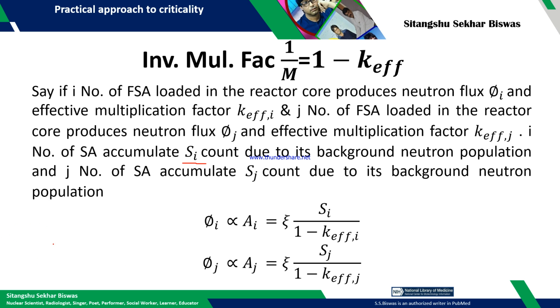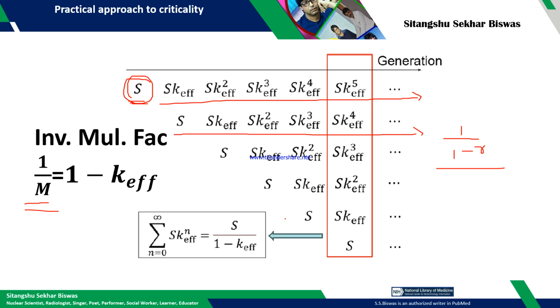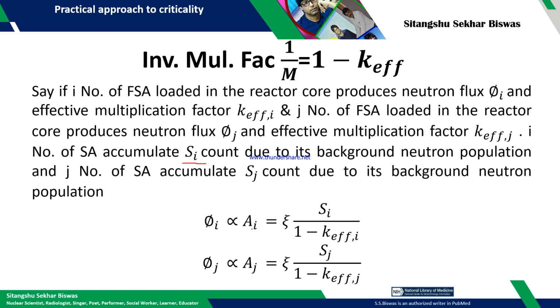So now, from the earlier equation, this can be written: the neutron flux, which is proportional to the neutron count we are measuring from the neutron detector, is some constant into the expression for I number of subassemblies if it is loaded.